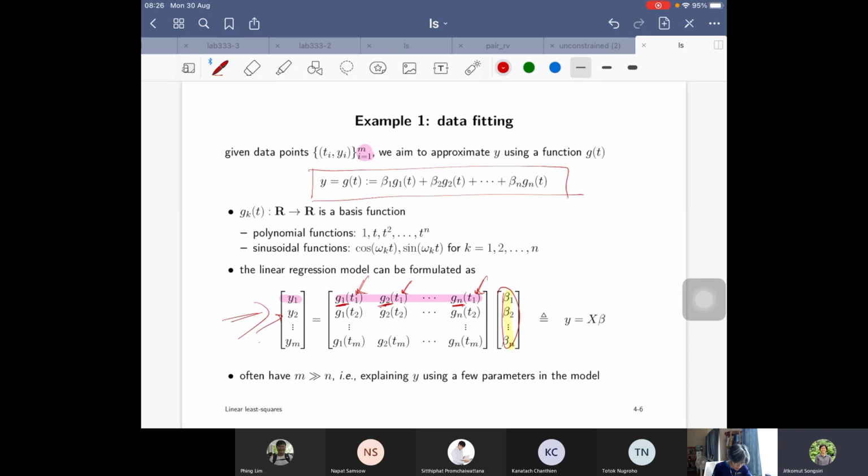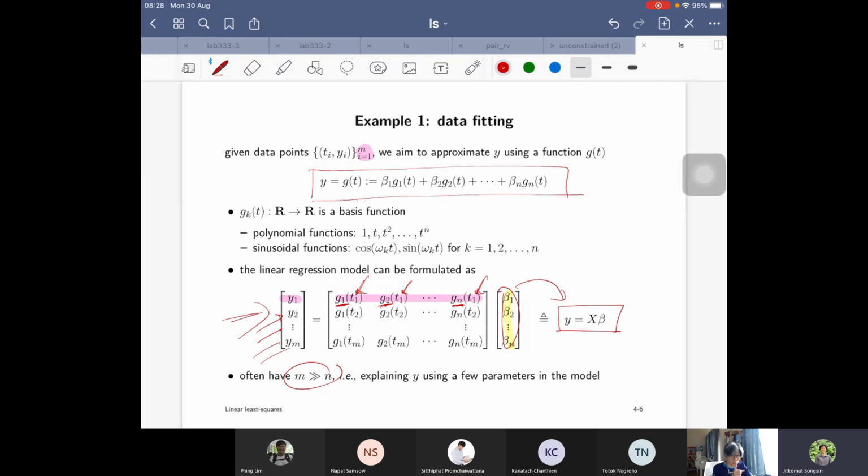And then you repeat until m equations. Then it turns out that you form a matrix formulation of linear least square. And of course, when m is much bigger than n, you get a tall system.